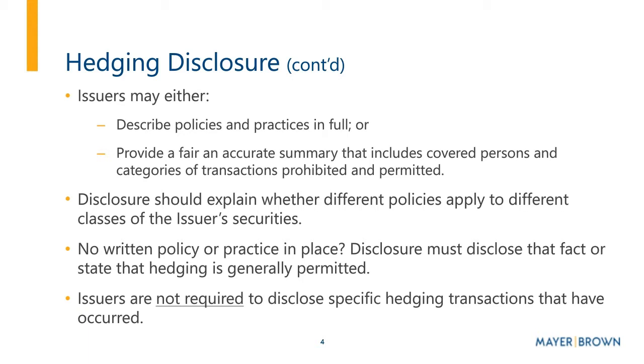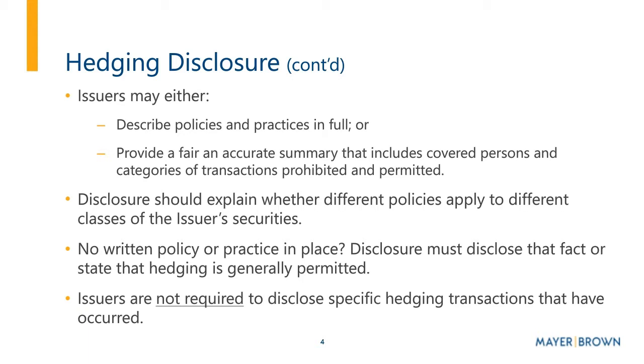Don't forget, officers are employees too, so if the issuer has a policy that only applies to its officers and directors, the issuer should disclose that hedging is generally permitted with respect to its other employees.